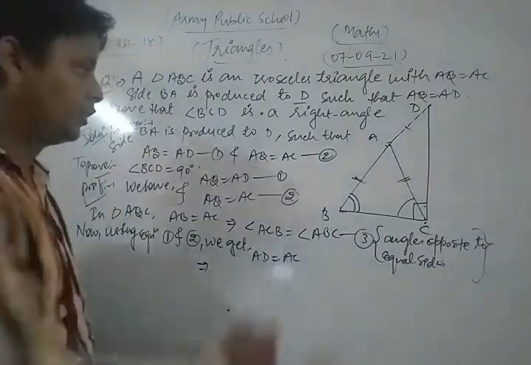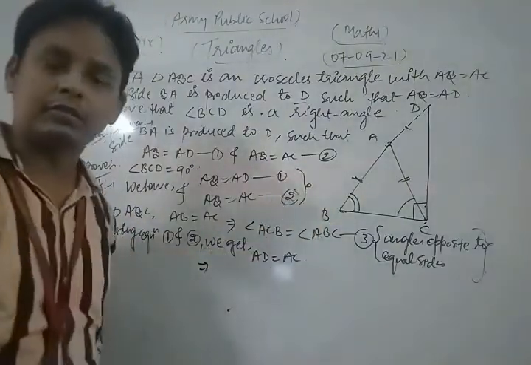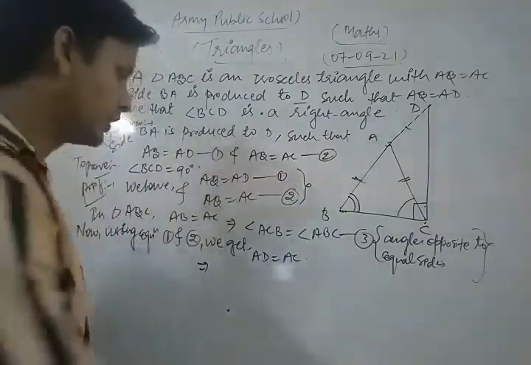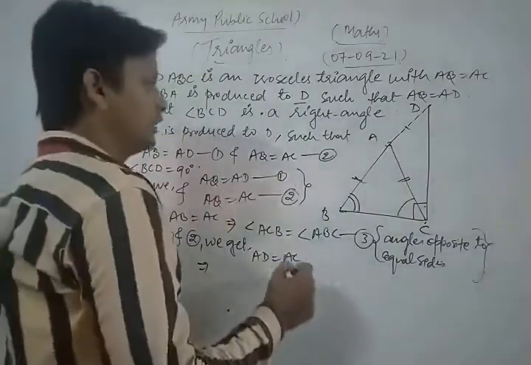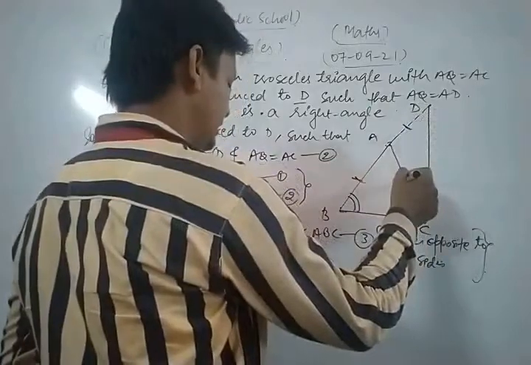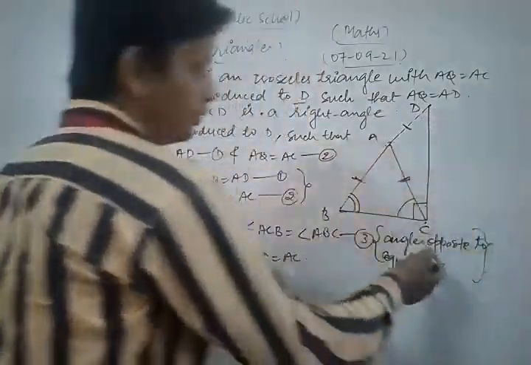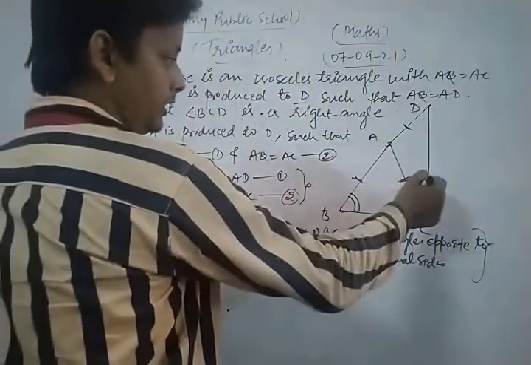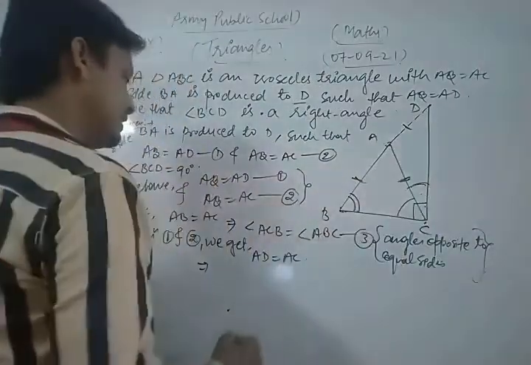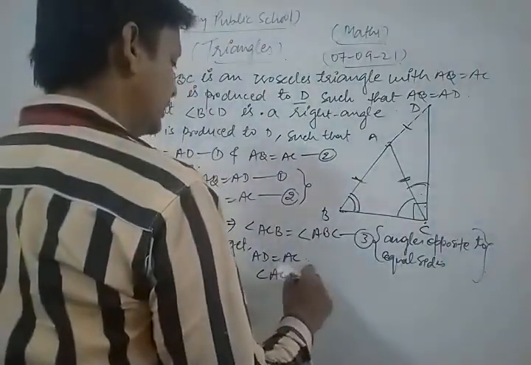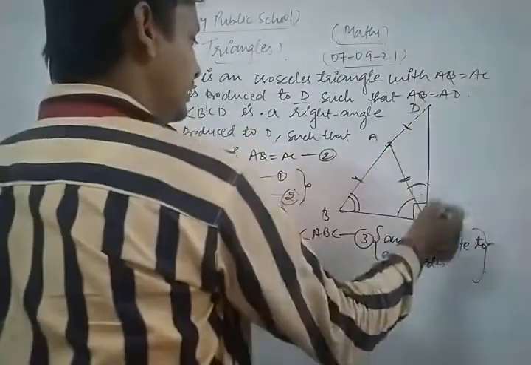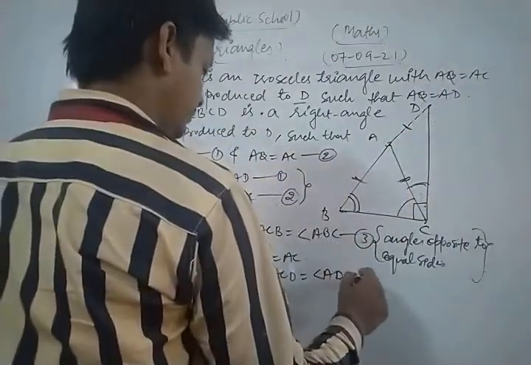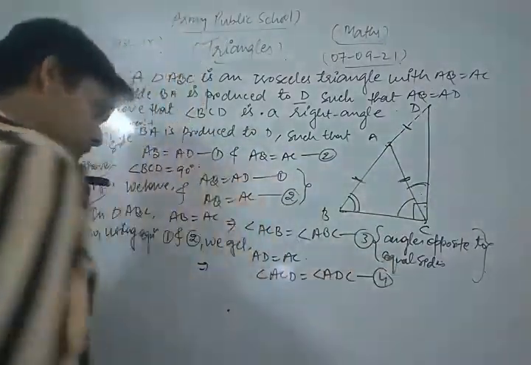Now look, if AD is equal to AC, then we know that angles opposite to equal sides are also equal, so angle ACD is the same as angle ADC. We take this as equation number 4.